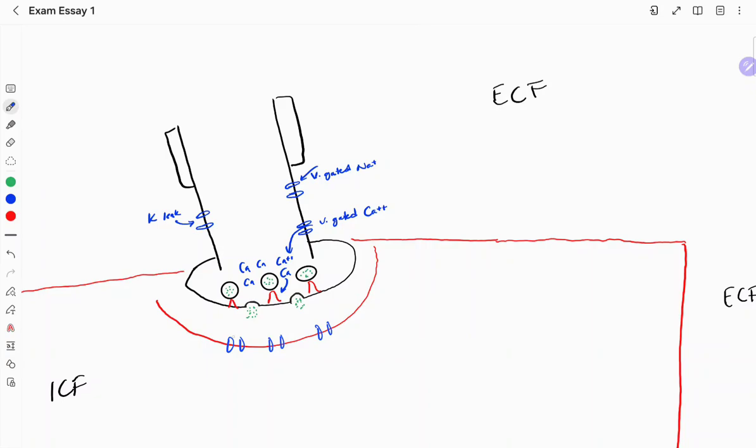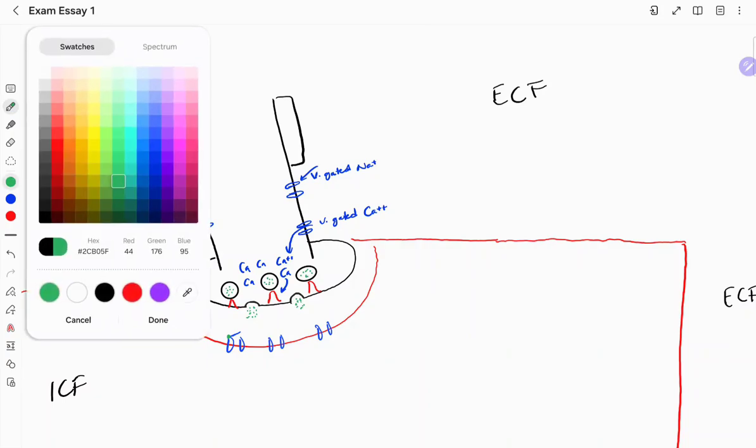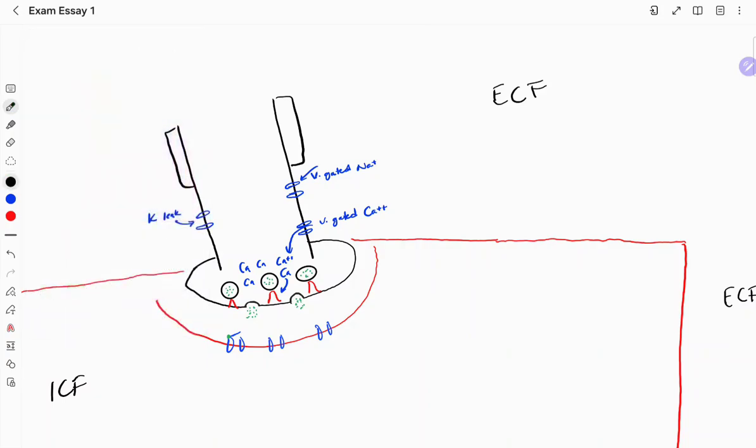I could use one example here where the gate's open like this because we have acetylcholine acting as a ligand binding to these nicotinic 1 receptors, and that, my friends, when these gates are opening, we have sodium rushing into the cell.